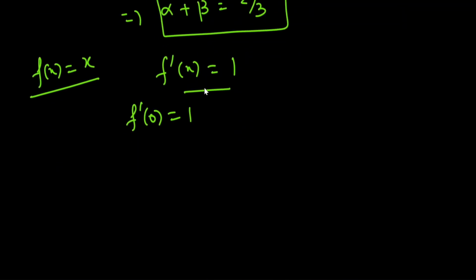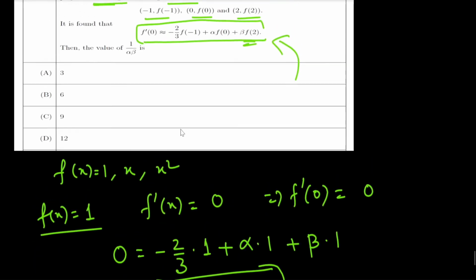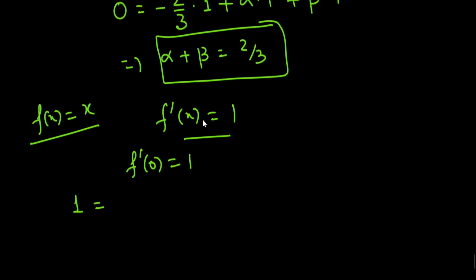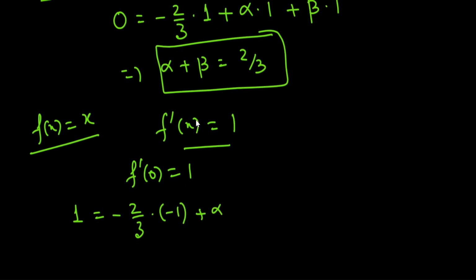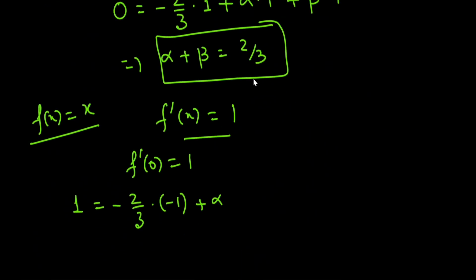So f dash 0 equal to 1 means this implies 1 equal to minus 2 by 3 into f of -1, and f of -1 means -1 plus alpha into f0 and beta into f2. So f0 means simply 0, and plus beta into f2 means 2.